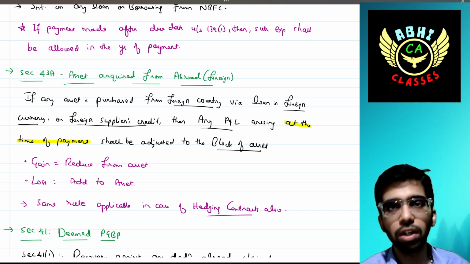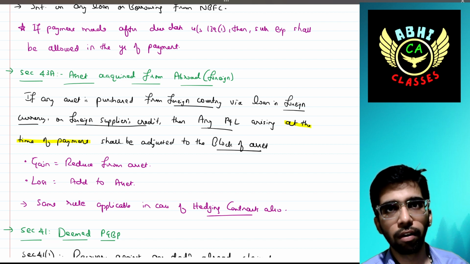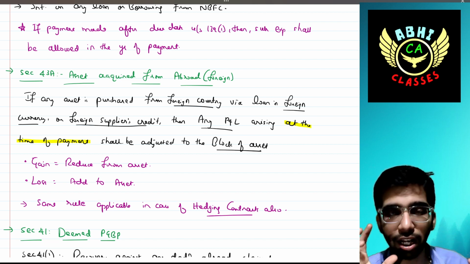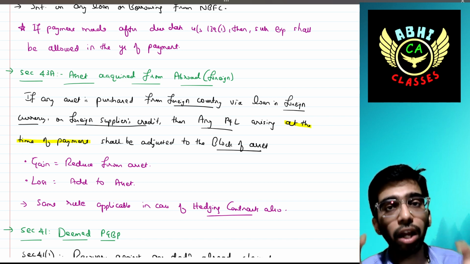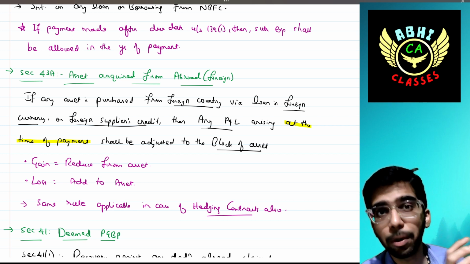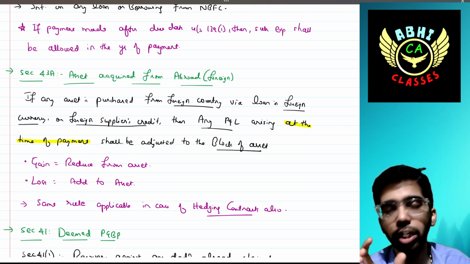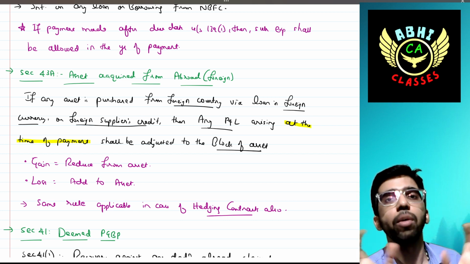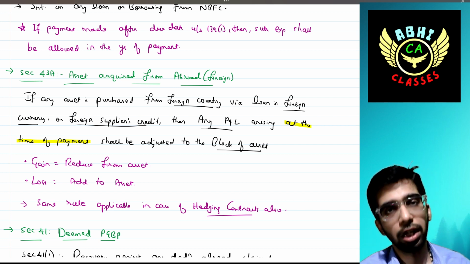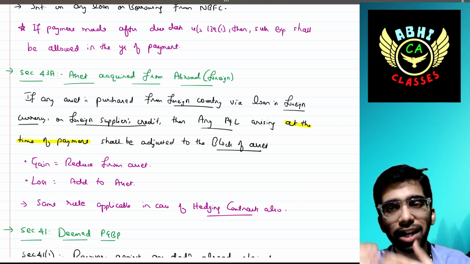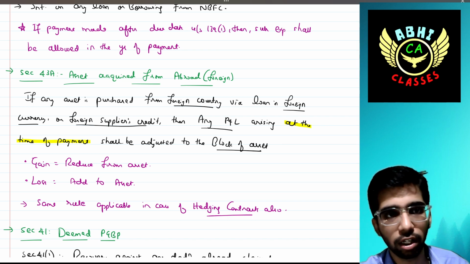If any fluctuation occurs in the foreign exchange rate, then that loss or gain arising from the fluctuation should not be debited or credited to your profit and loss account, but should be reduced or added, as the case may be, against the cost of the asset.